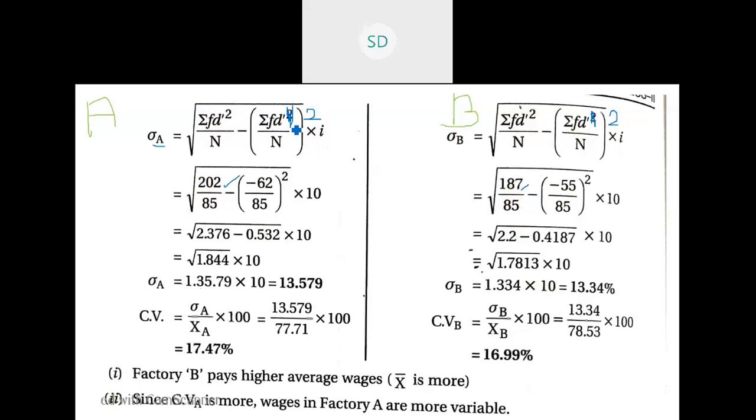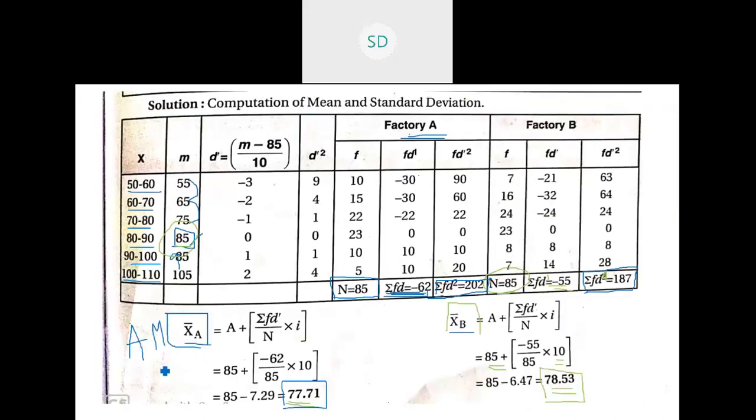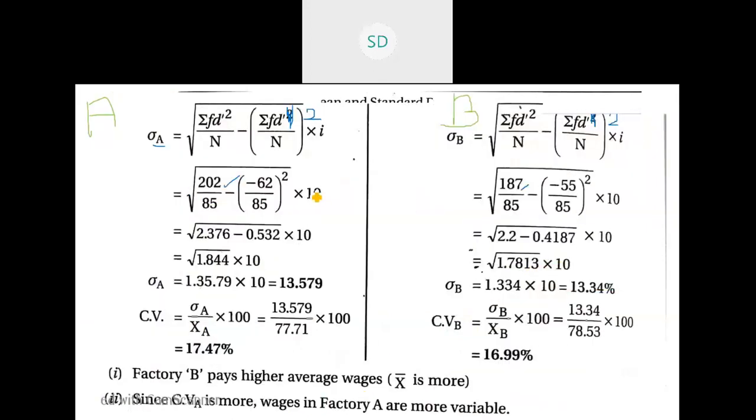Minus sigma fd dash, which is minus 62 for A and minus 55 for B. So we consider minus 62 by 85, and minus 55 by 85. Now let us simplify these values.